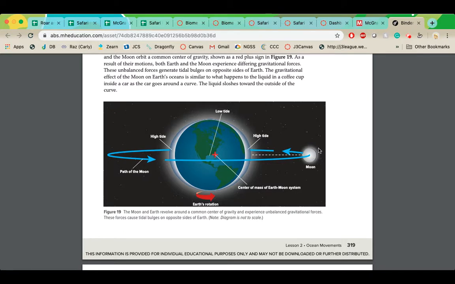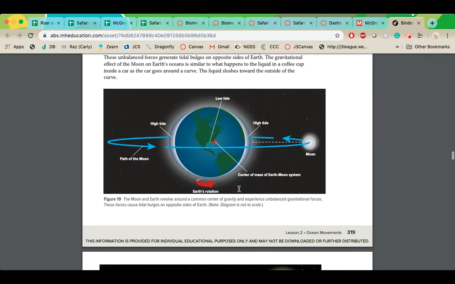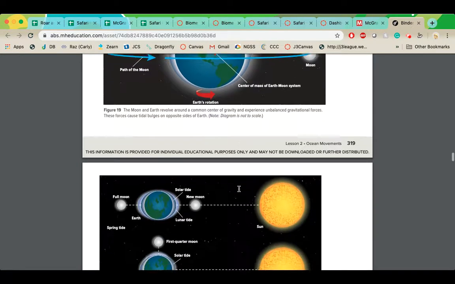When the moon is over on this side of the earth, the water will get pulled from both sides to make a high tide. And this is again exaggerated, as most of these pictures are, but it's just interesting.